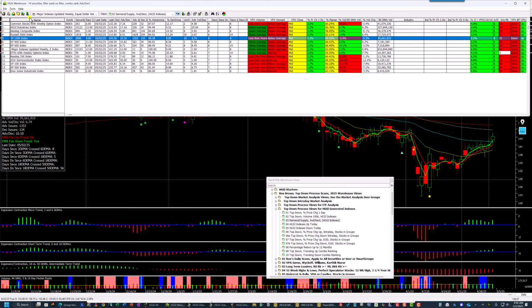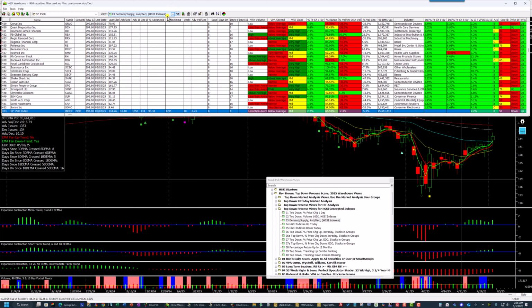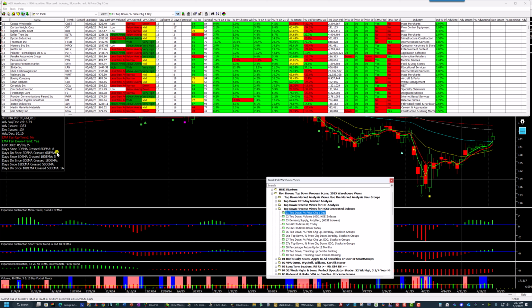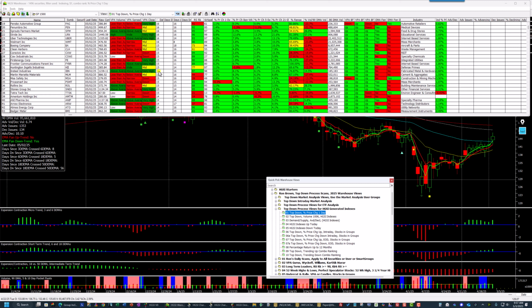Now I'm going to go into my warehouse views. I'm going to change to the index group, and I'll just move up to the top-down percentage price change 1 day. And what I've done here is I've sorted on the days since the 3 crossed the 6. And remember, we're looking for the number 8, which would be 9 days.